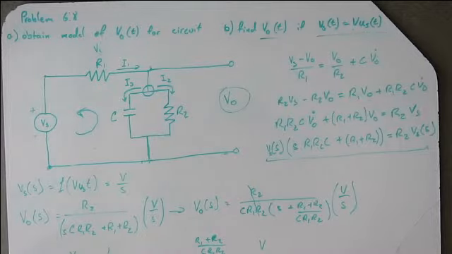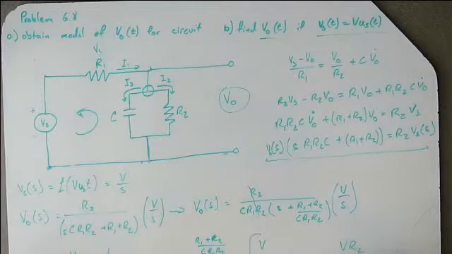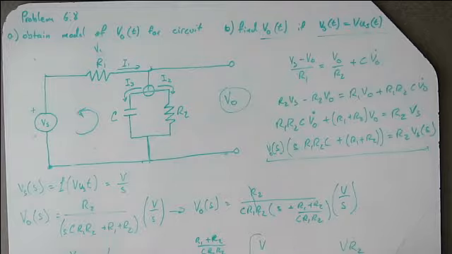Those cancel. R2 on top. So this term equals VR2 over. Hopefully I don't make a silly algebra error. Okay, oh boy, finally. So we have some magnitude we are multiplying everything by. That's just along for the ride.